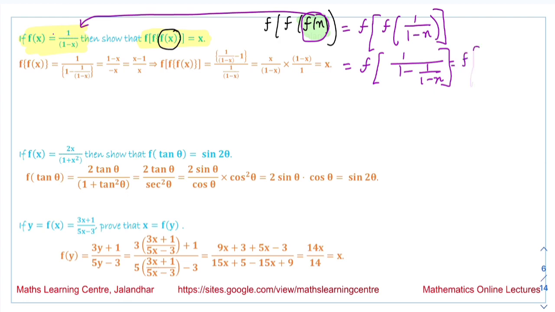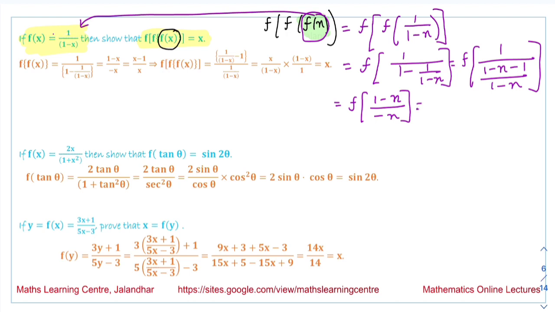This is equal to f(1/((1 - x - 1)/(1 - x))), and this value is equal to f((1 - x)/(-x)), and this value is equal to f((x - 1)/x).